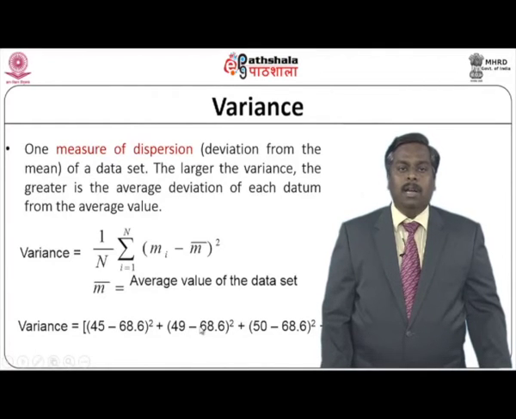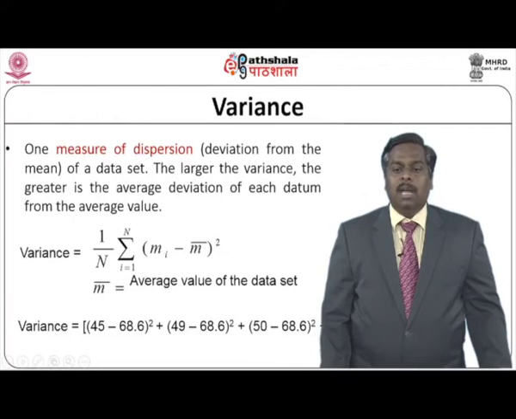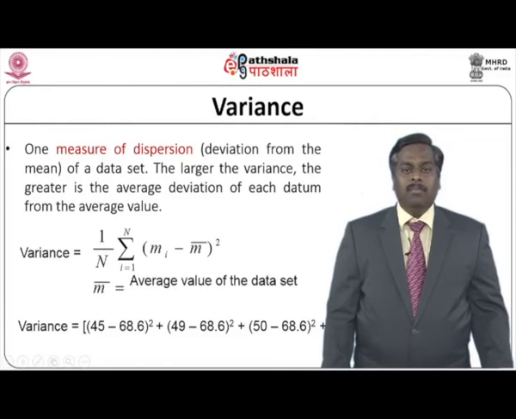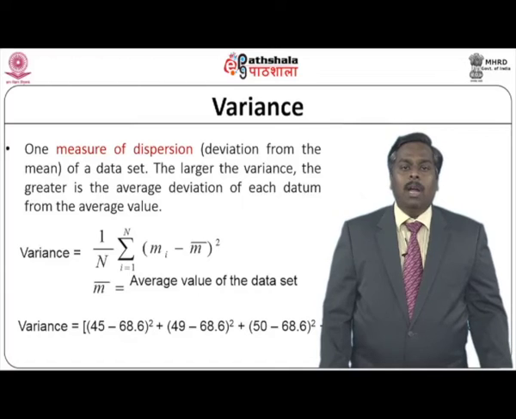For all the 20 data points, compute the difference with respect to the mean, square the difference, sum all the squared differences and divide it by the total number of data points, 20, which is equal to 181. So, 181 is a value that will quantify to what extent the data in the given data set are deviated. A larger variance indicates there is larger deviation in the data that we have considered.